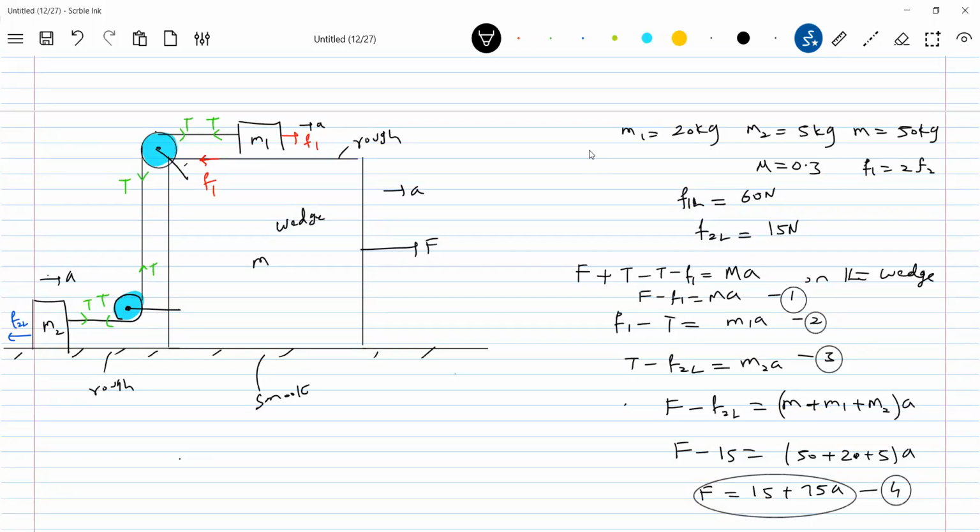So from 1 I'll write it rather than 3. F minus F1 equals MA. Sorry, F1 will be 2F2L. F2L is how much? 30. M is how much? 50.